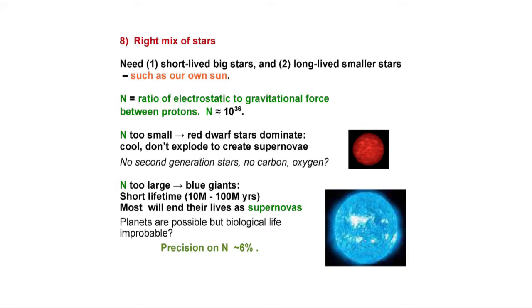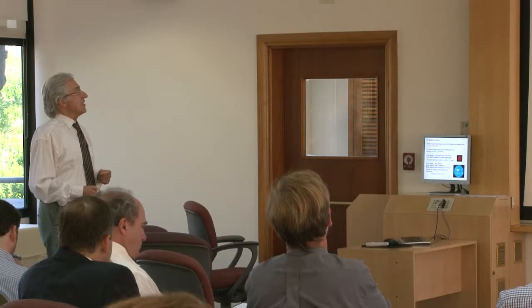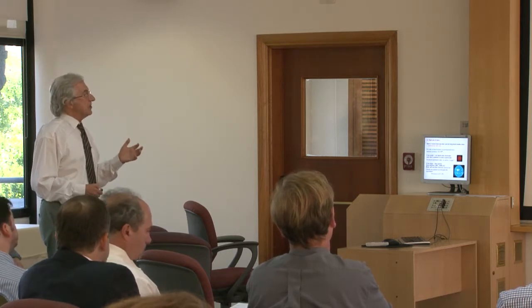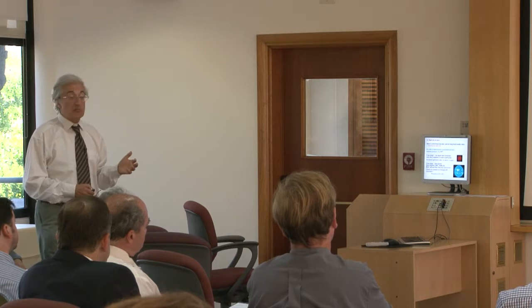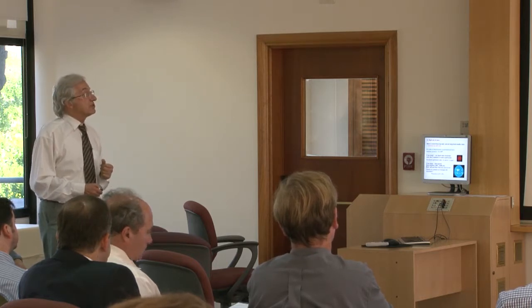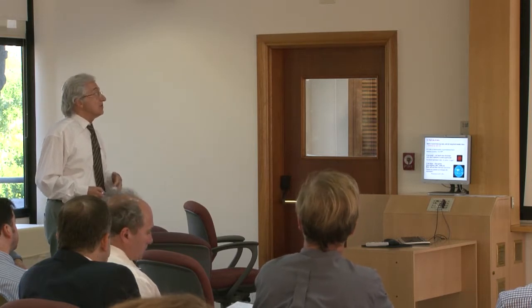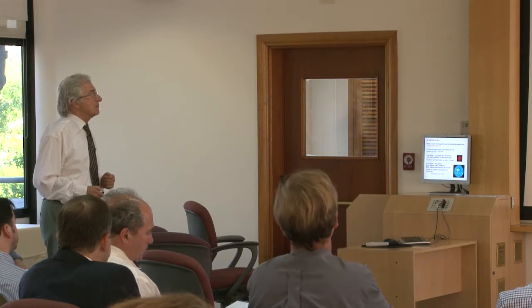You've got to have the right mix of stars. You need these short-lived big stars early on. You now need longer-lived smaller stars, such as our own sun. This depends on the ratio of the electrostatic force to the gravitational force between protons. That's one measure of it. This has a number. That's a very, very big number, but that's what it comes to. Electricity is much stronger than gravitation. You can measure this. That's the number it is. If it's too small, then you just get a universe with lots and lots of small little stars, so-called red dwarf stars.